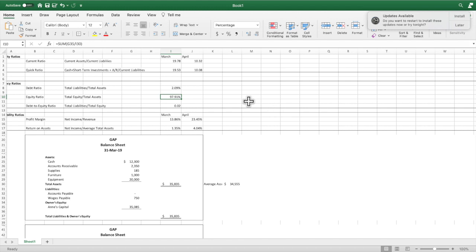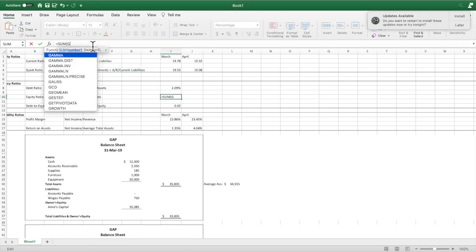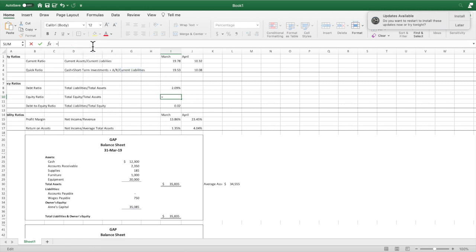Now we're going to look at our equity ratio. So it's total equity divided by total assets equals sum of our equity, which is our capital, divided by our total assets, which is 97.91%.